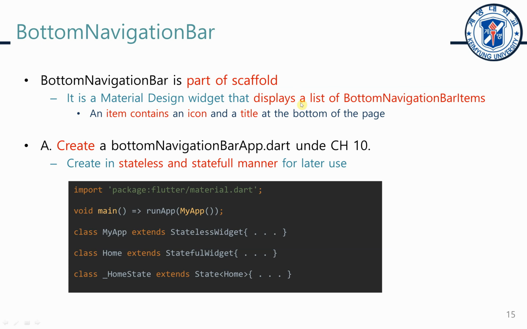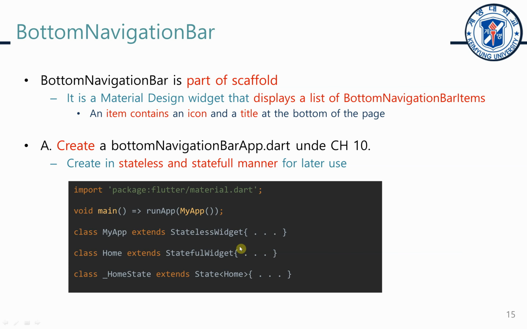So in order to practice what the bottom navigation bar is and how it works, we go ahead and create an app, because it's easier to discuss it while developing the app instead of just discussing it theoretically.